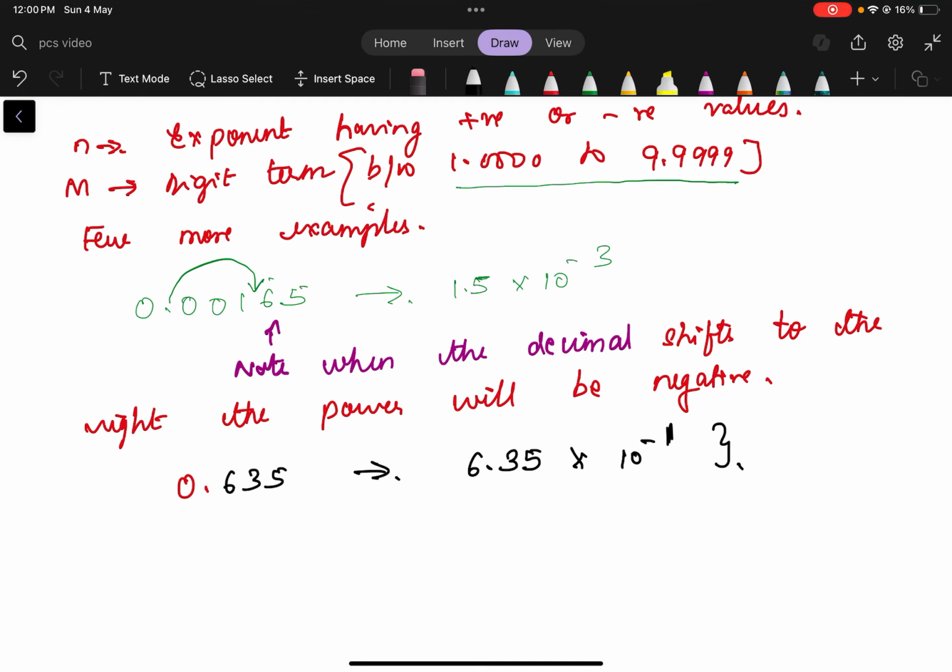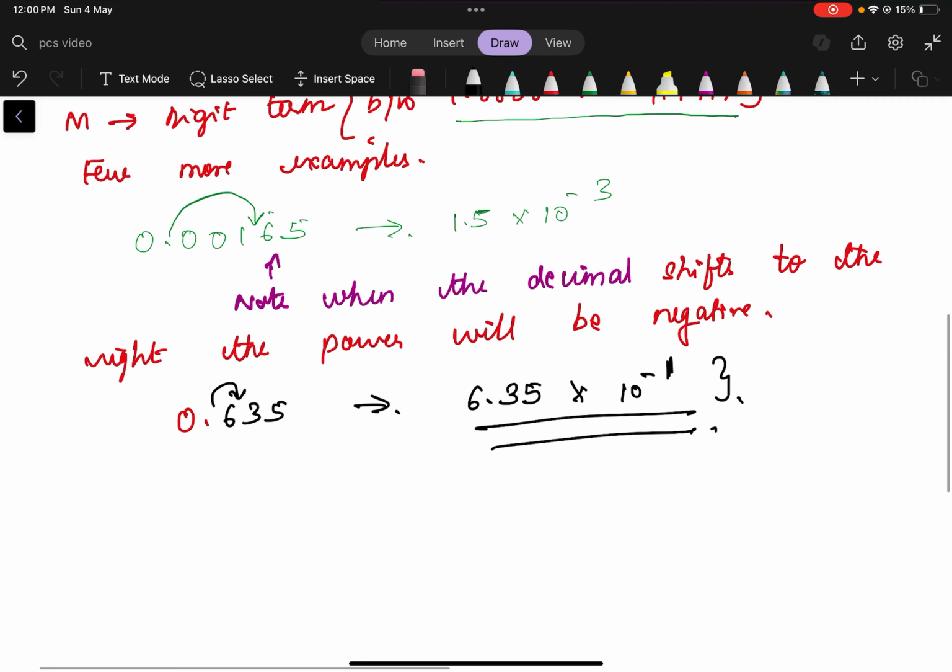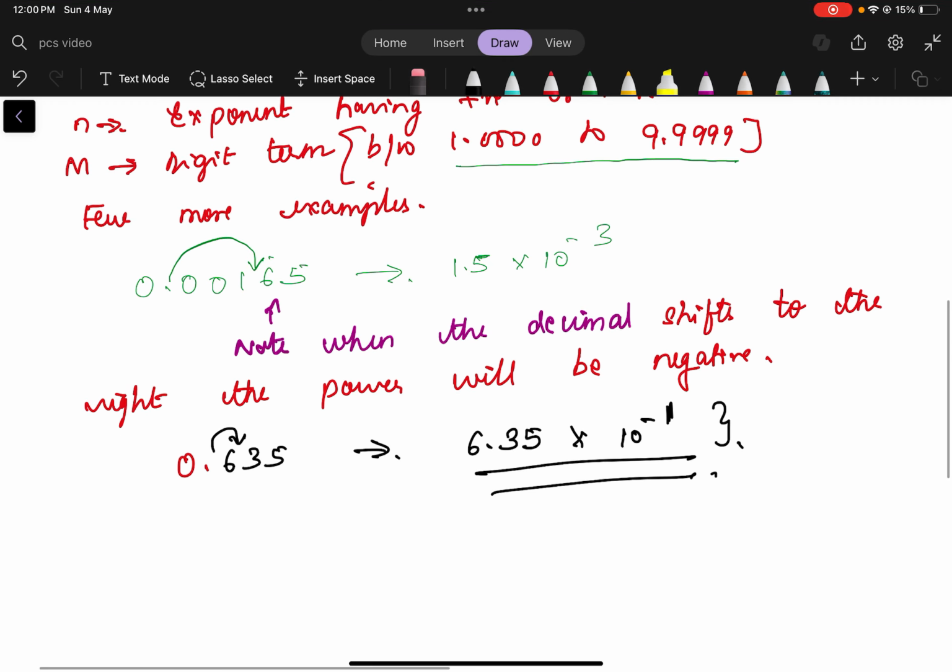So the decimal has shifted to the right, so the power is negative. M can take the value from 1 to 9.999 in scientific notation format, and the exponent can have positive or negative values. This is again very important: when the decimal shifts to the right, the power will be negative.